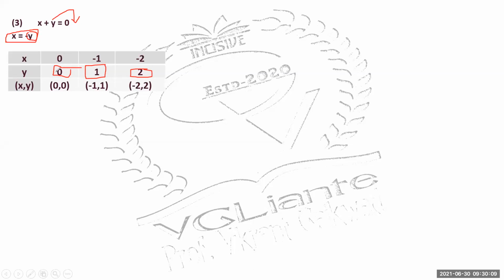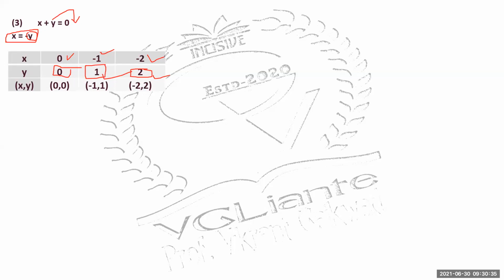If y is 0, x is going to be 0 because 0 does not have any sign. When y is 1, x is negative 1. If y is 2, x would be minus 2. A very simple table.